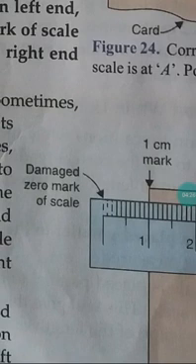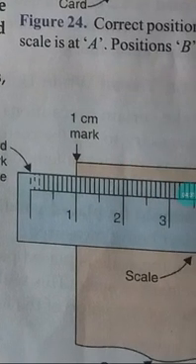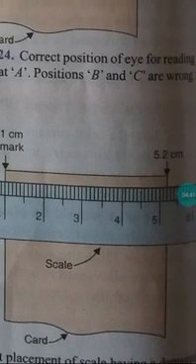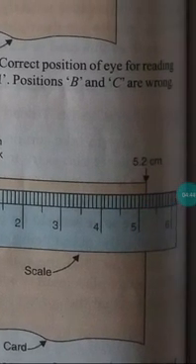Now what will we do? If this part of the scale is broken, we will measure the length starting from this 1 centimeter, and when the right end of the card coincides with a mark of the scale, it will give the reading.